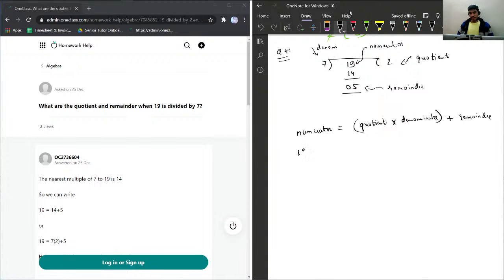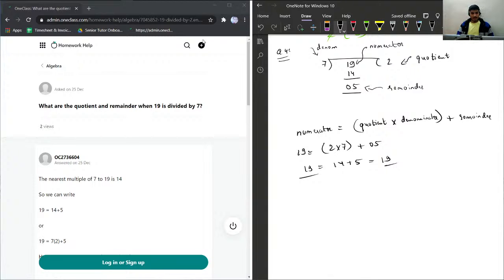So if I write 19 as quotient 2 times denominator 7 plus the remainder 5, this will be 14 plus 5, which is 19, and here we are getting 19.